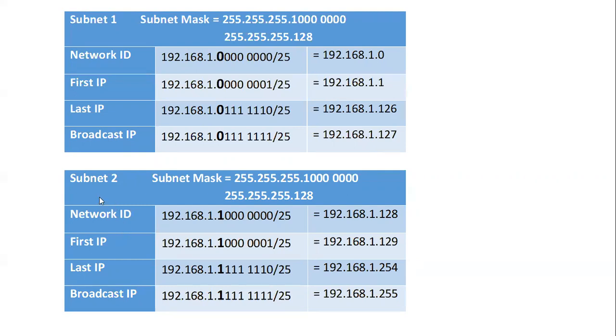Similarly, the network ID for subnet 2 starts from 128. The starting address becomes the network ID, so the first IP address is 129 and the last is 254. 255 represents the broadcast ID. So 2 addresses are not available. We can only use the range between 129 to 254.